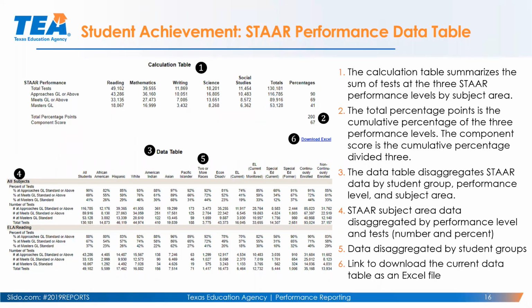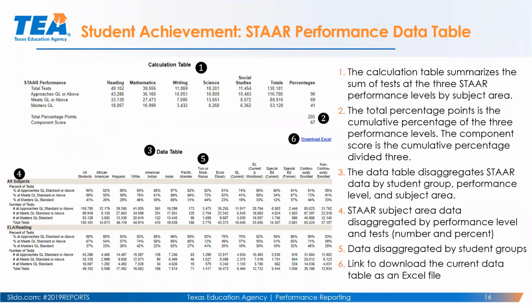And maybe the student has been continuously enrolled in the district, so that's four possible student groups. So one student can be a part of race, ethnicity, economically disadvantaged, maybe an English learner receiving special education services, or being continuously or non-continuously enrolled. Which is why if you add together the student groups, you will not get the total, because one student can be a part of several student groups.